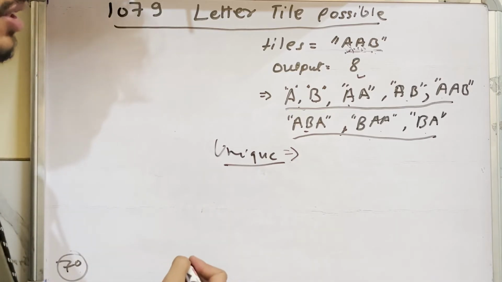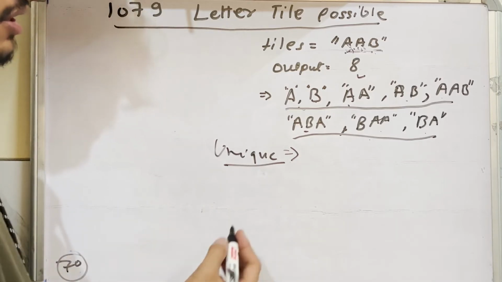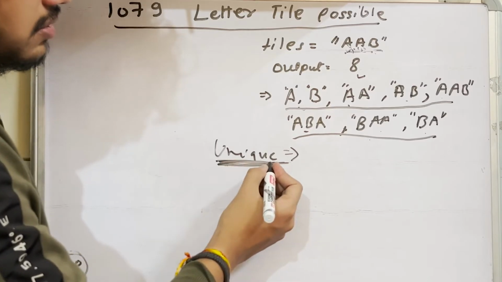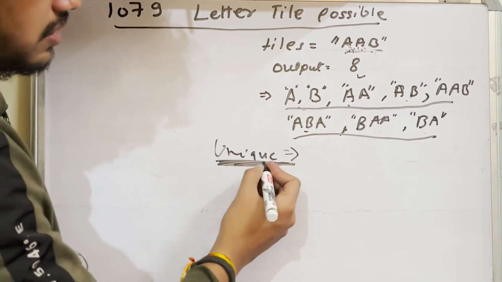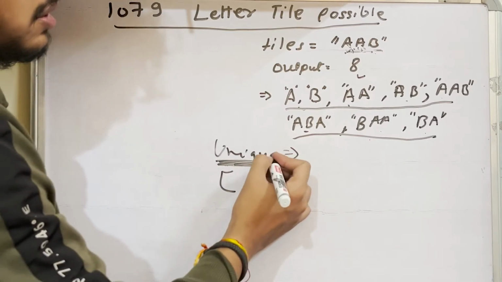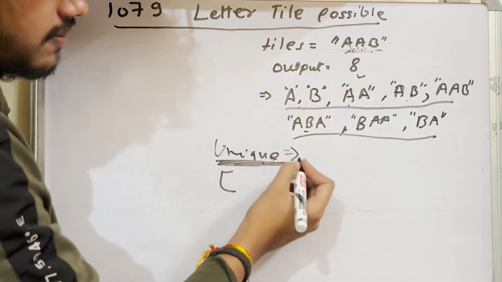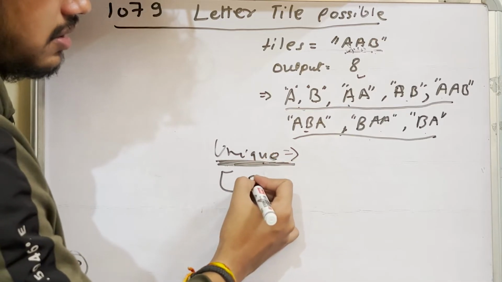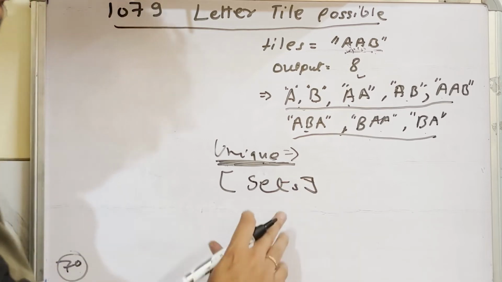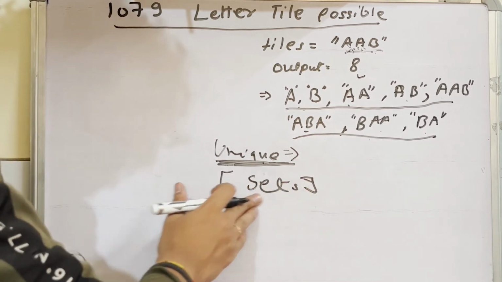You'll slowly start thinking about keeping track of unique strings. Which data structure supports unique elements when we insert? Just think about that. It will be sets. So yeah, the problem is just solved here.